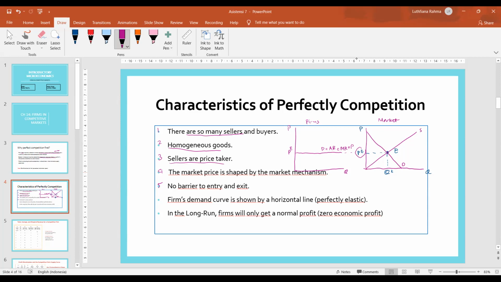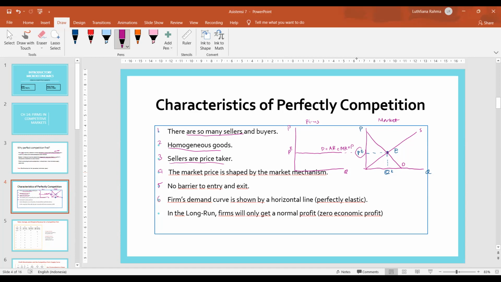And for the firms inside the market, they can go outside to another market or stop the production because there is no barrier to exit. So entry and exit is the strategy for the long run.